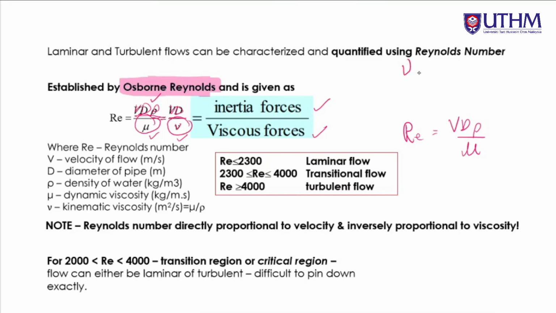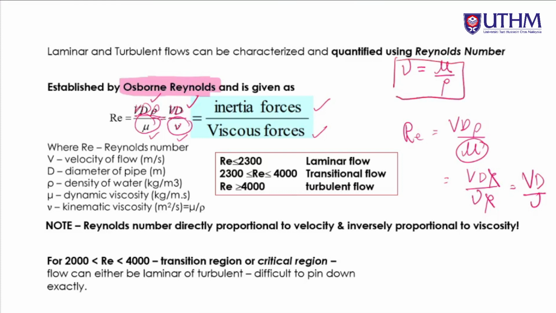Okay. This kinematic viscosity is actually this dynamic viscosity over rho. So untuk kita replace this, kita akan dapat VD rho over this kinematic viscosity times the density. So kita cancel out the density, kita akan dapat velocity times diameter of the pipes over the kinematic viscosity. Alright, this one. Okay, it is interchangeable based on this equation.